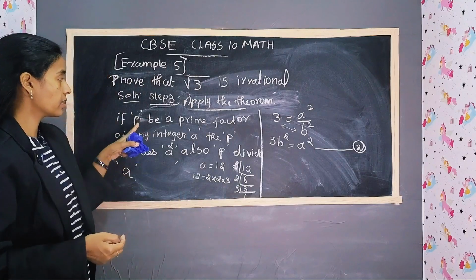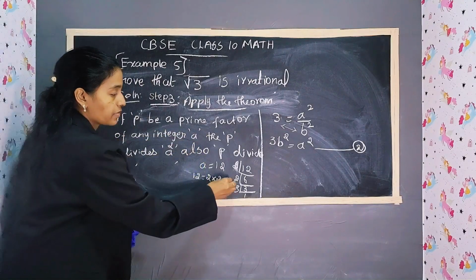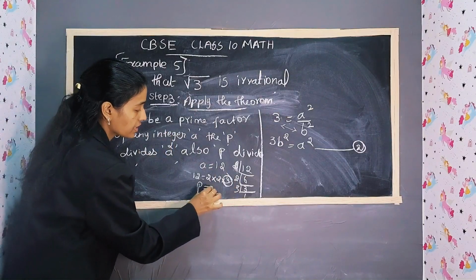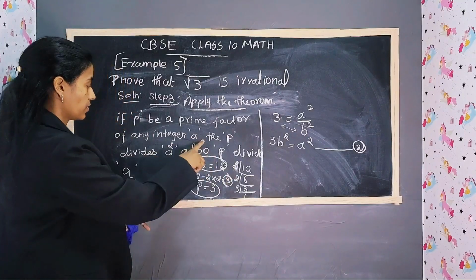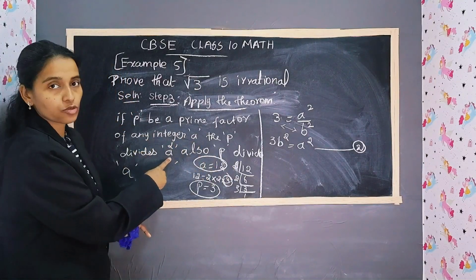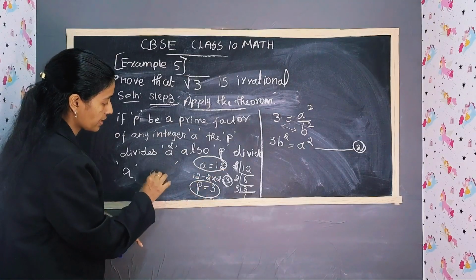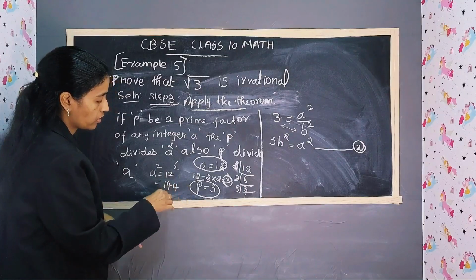Okay, here we need to take the prime factor, any one prime factor. So I am taking 3 here. Okay, so here P is 3, A is 12. Divides A square means 12 square. A square here is 12 square, right? How much? 144.